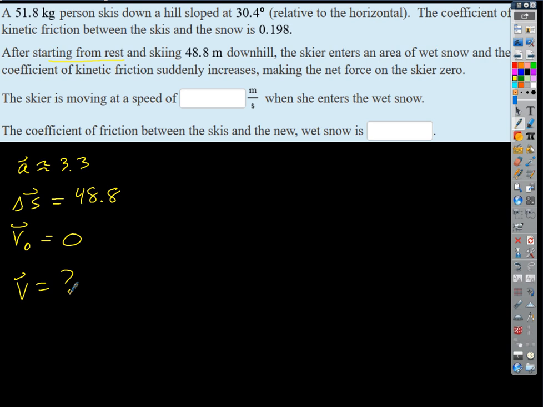Okay, so for part 1, we're looking for final velocity. So what's going to be the equation that relates those? Fourth one, yeah, no time, right? So that's v squared minus v naught squared equals 2a delta s. And v naught is 0, so that goes away. So then v is just going to be the square root of 2a delta s. So what's that give us?